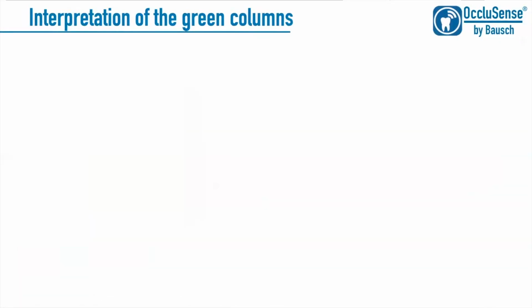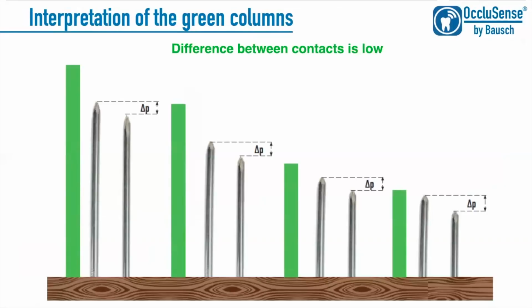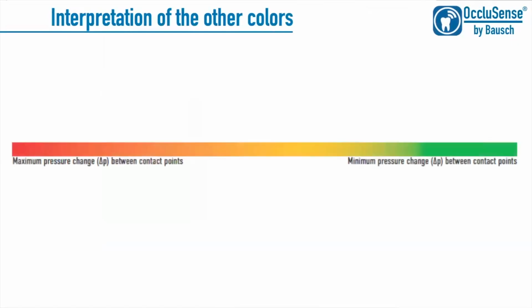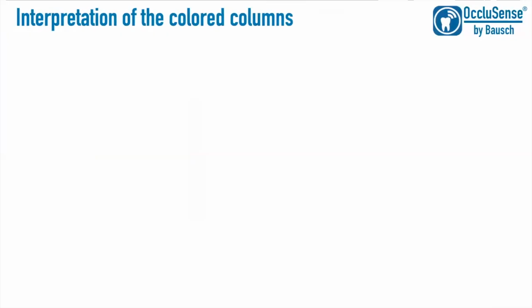When we're looking at the green columns, we know that the difference between those contacts is low, and this is the case for planar contacts, for example, on abrasive teeth, areas of contacts with similar pressure, and so on. The other colors are merely an indication of something that is happening in between. And you need to constantly remember that those colors or pixels on the sensor are always being compared to one another.